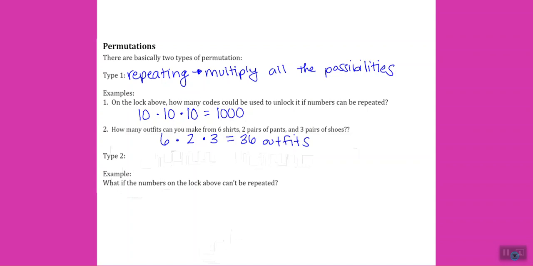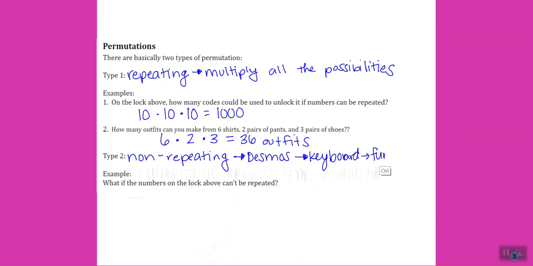The second type is non-repeating. And for this, we're going to go to Desmos. You're going to click on your keyboard. You're going to go to Functions.